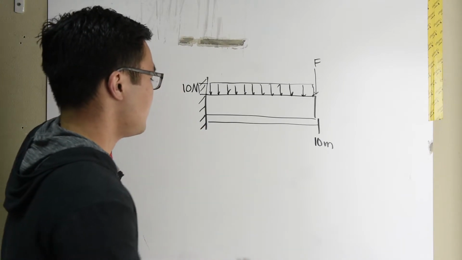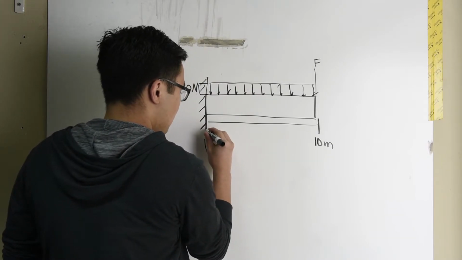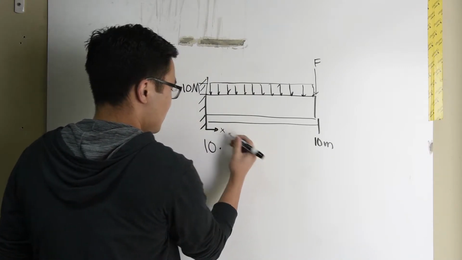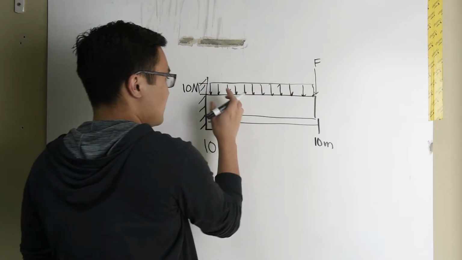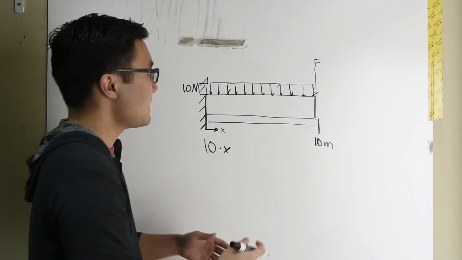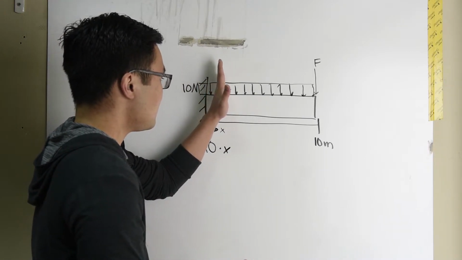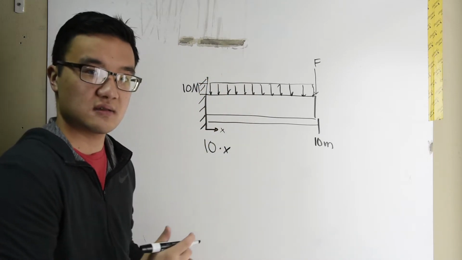If I have a magnitude of 10 newtons times, and again, let's define our axis. I always forget to do this. That's the x-axis. 10 times x. As I move this way, the equation for the rectangular load is going to be, as I'm moving in this direction, I have a height of 10, and my base is equal to x, right?